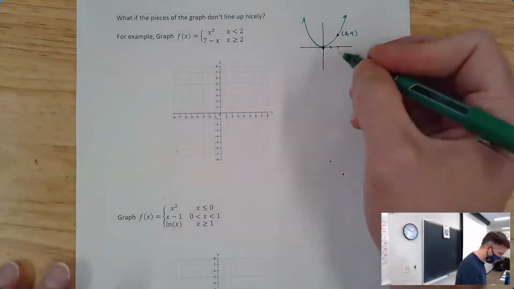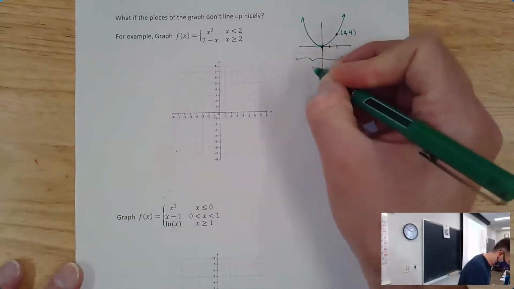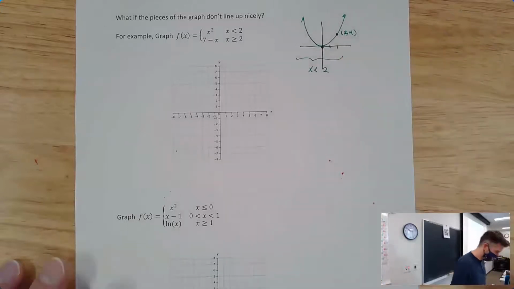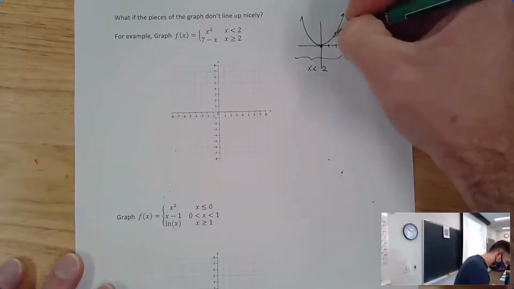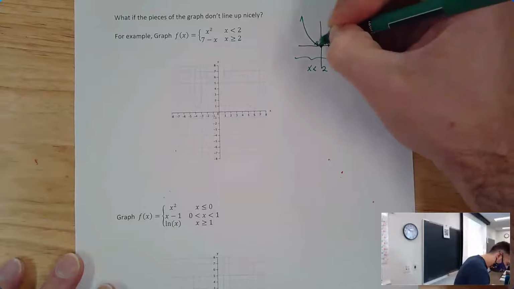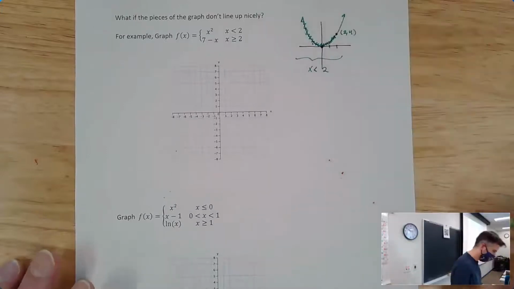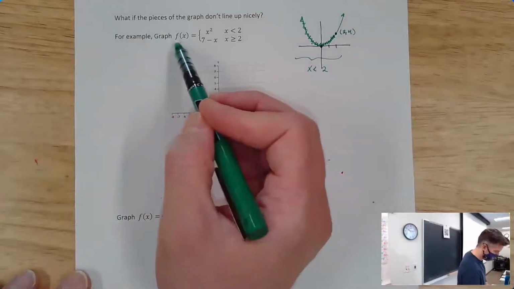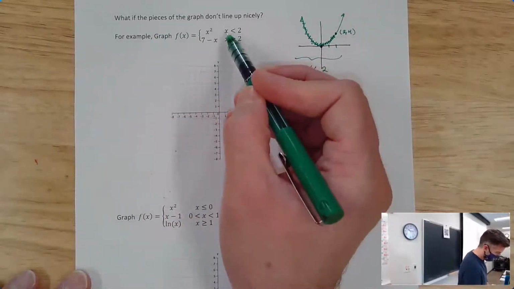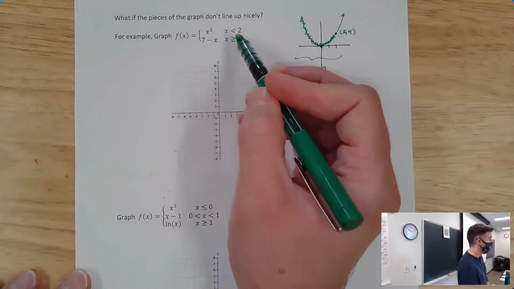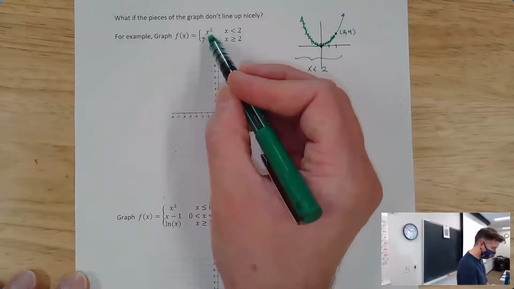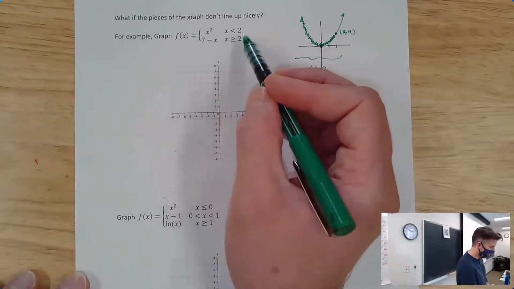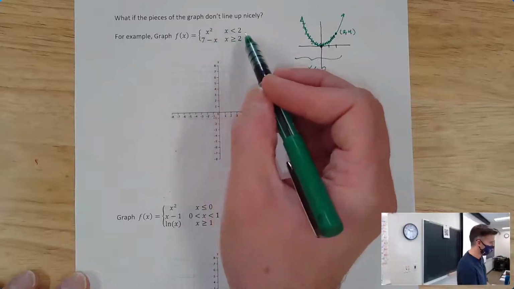And we know that we want everything to the left of 2. I was looking at the piecewise graph here and said, oh, at 2, we're going to change from this piece to that piece. So I need to know what's going on with this piece.